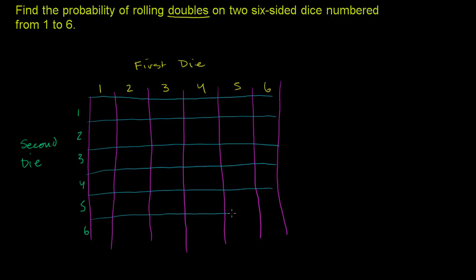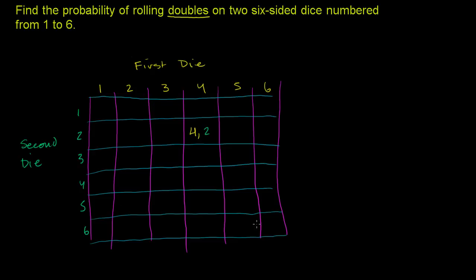To understand what I mean by it representing an outcome, this cell right here would represent getting a 4 on your first die and a 2 on your second die. That's one of the potential outcomes.